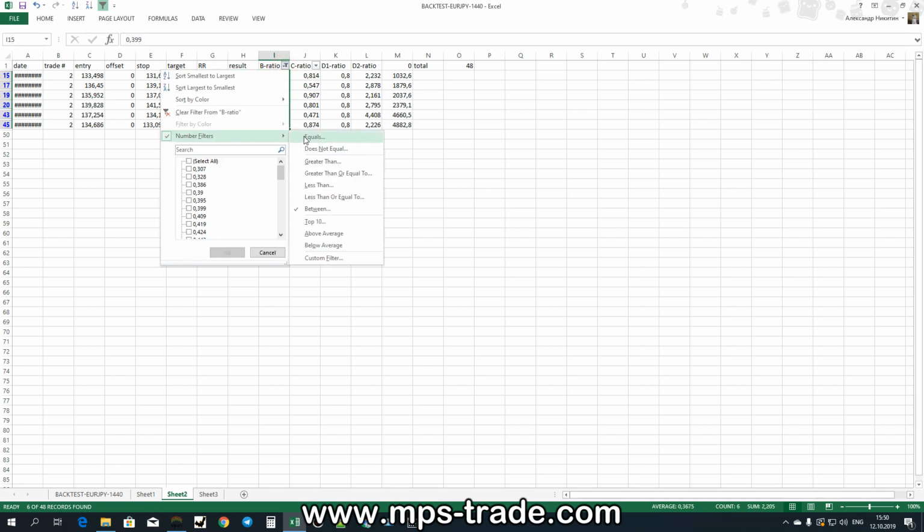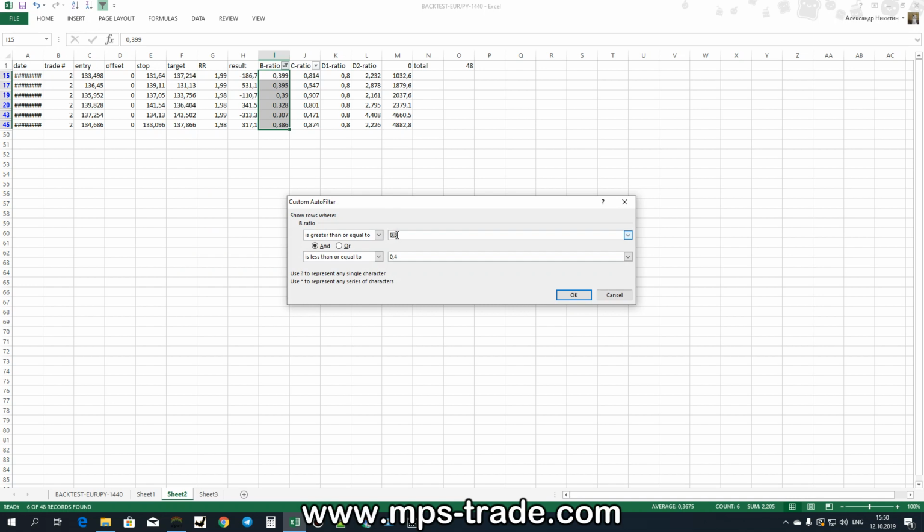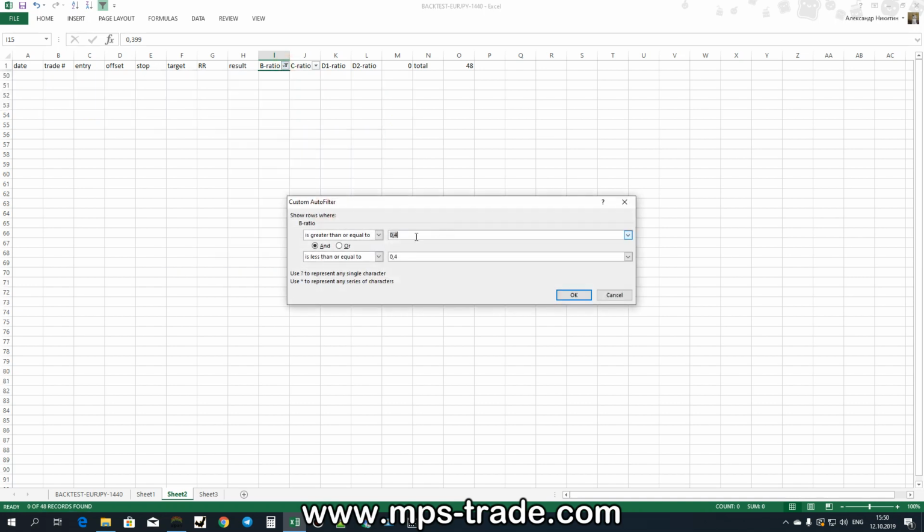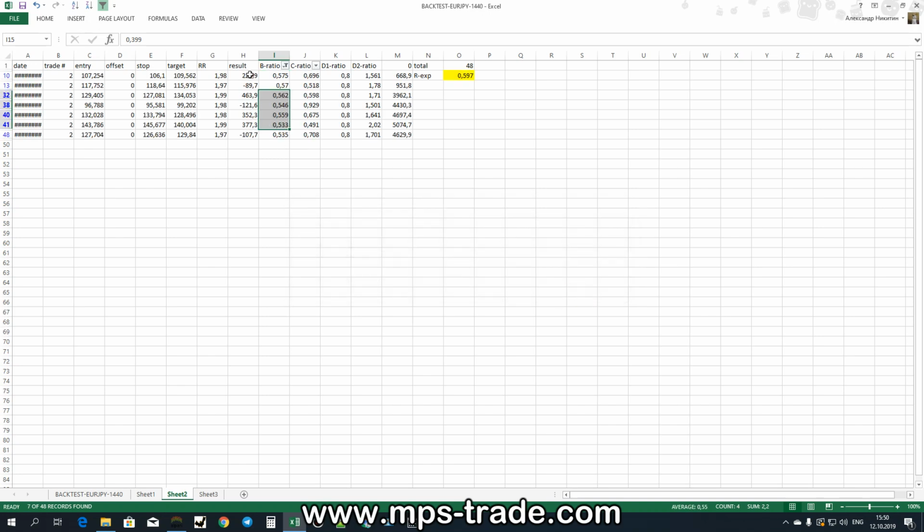Let me do some further refinement. So 0.4 to 0.5, we can check it. No trades with such ratio. Then we go 0.5 to 0.6. Now it is closer to the range of a so-called bat pattern. So the result is this, and this. It is a positive result.